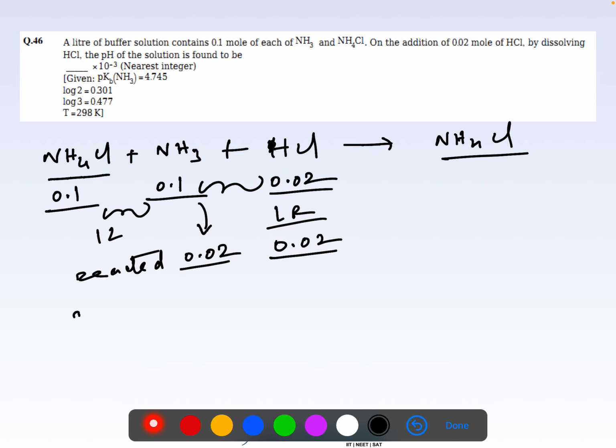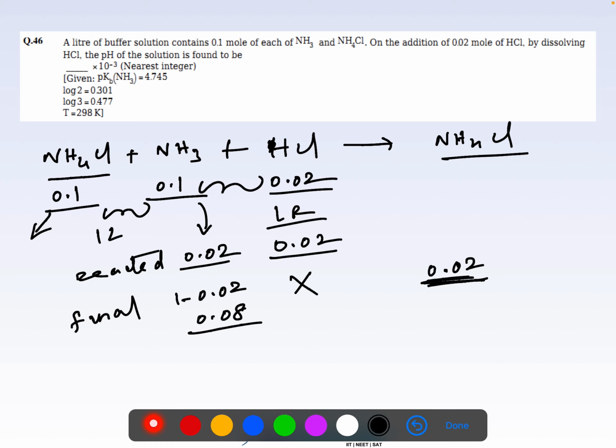Therefore, the final amounts will be: ammonia 0.1 minus 0.02, that is 0.08, and HCl is completely consumed, and at the end 0.02 moles of NH4Cl is formed. Initially we have 0.1 mole and this is newly formed, so this is 0.1 plus 0.02.